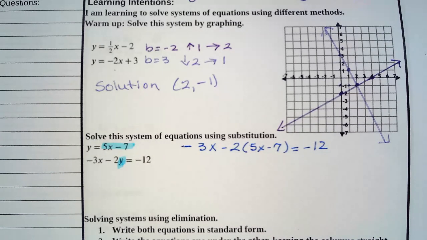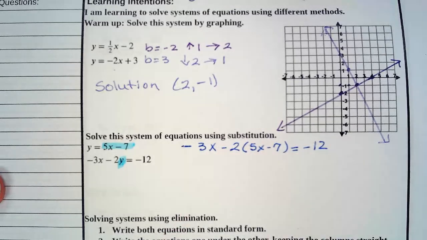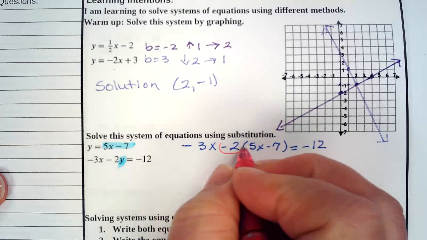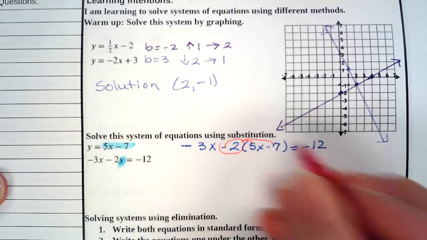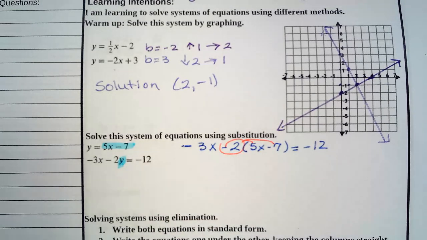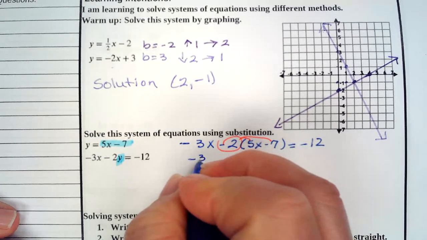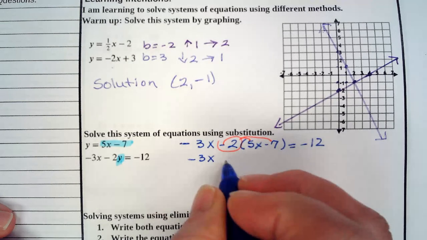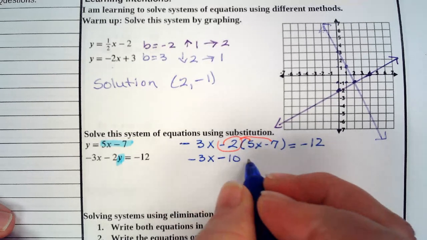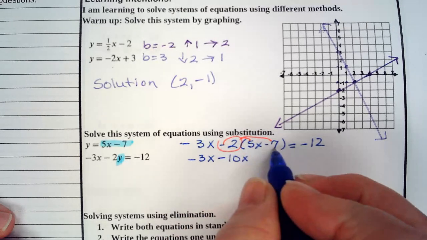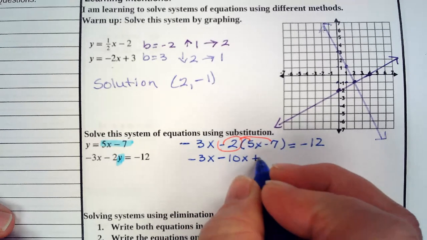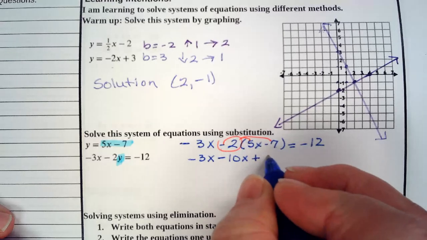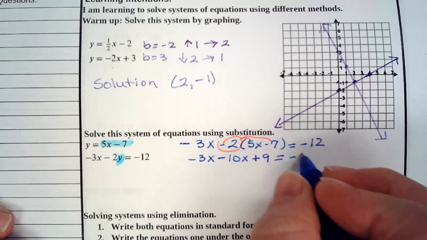Distribute the -2. -3x. -2 times positive 5x is -10x. -2 times -7 is positive 14, is equal to -12.